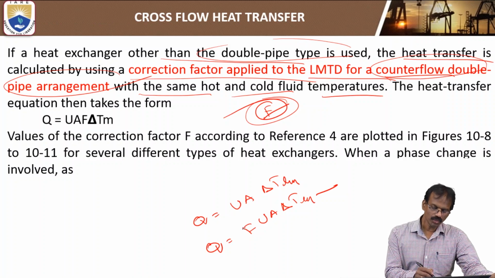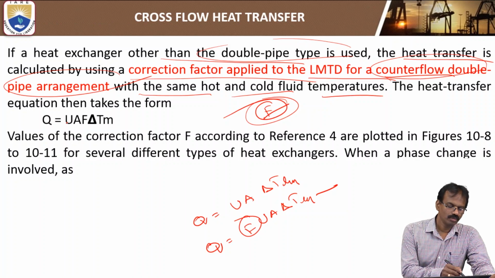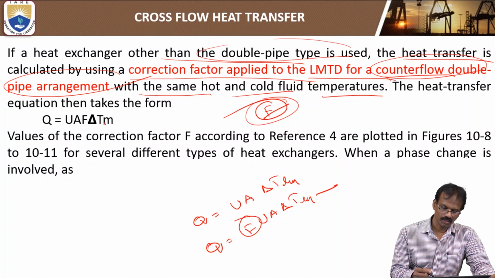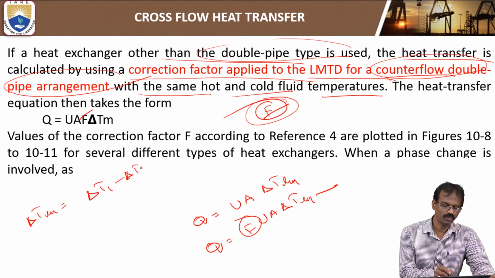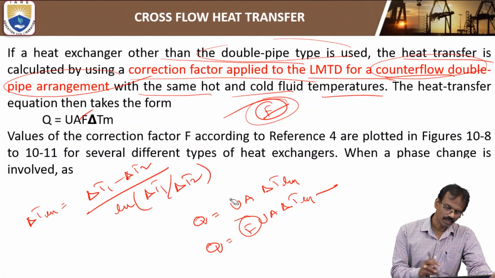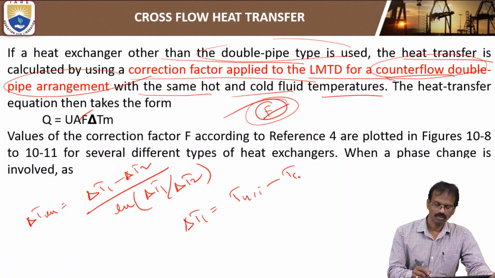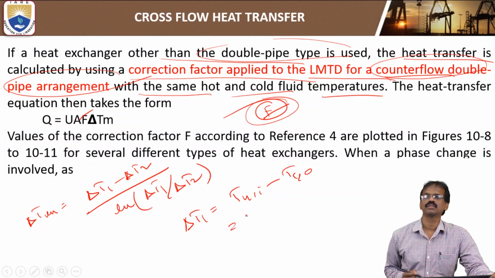Okay. So this F is nothing but a correction factor. So Q is UA F into delta TLM. F is the correction factor. Here delta TLM formula, you know that one, delta T1 minus delta T2 by ln of delta T1 by delta T2. Same formula. But delta T1 is equal to hot fluid inlet minus cold fluid outlet, what was seen in counter flow exchanger.